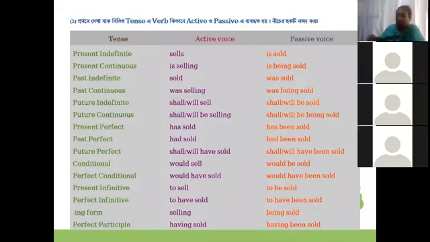In the present indefinite tense, active voice, sells; in passive voice, is sold. In the present continuous tense, is selling, is being sold. In the past indefinite tense, sold, was sold. Do we know these structures?